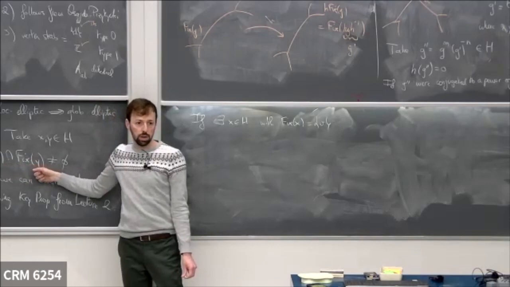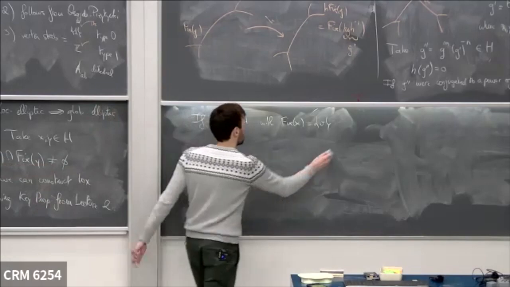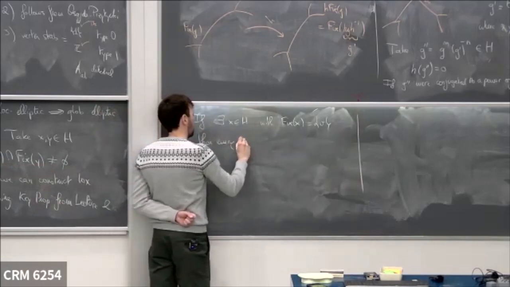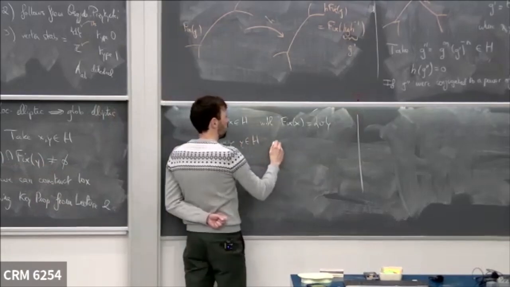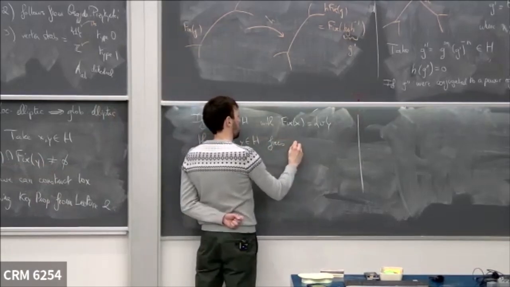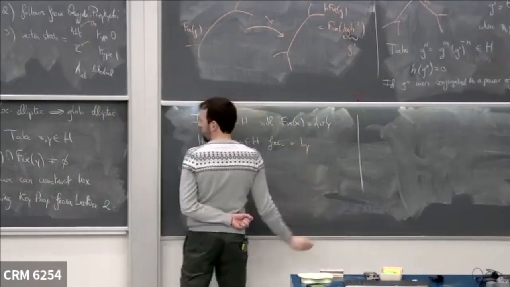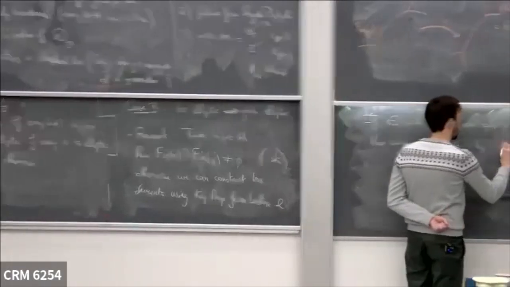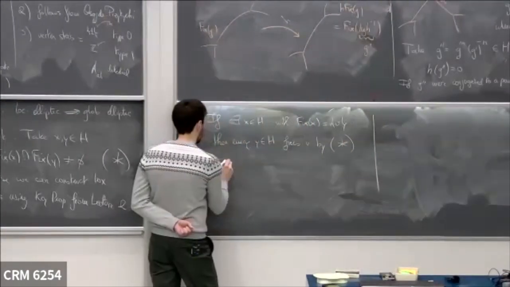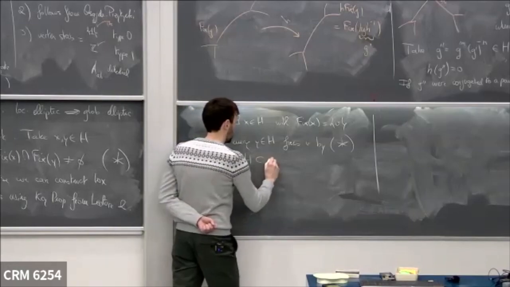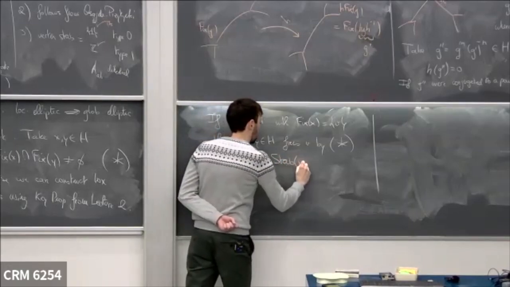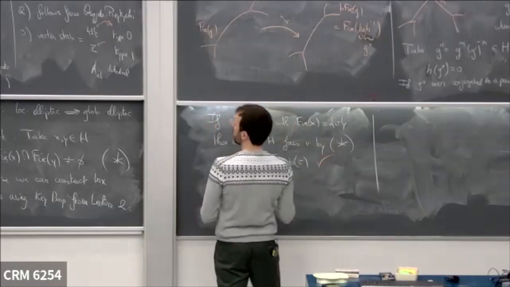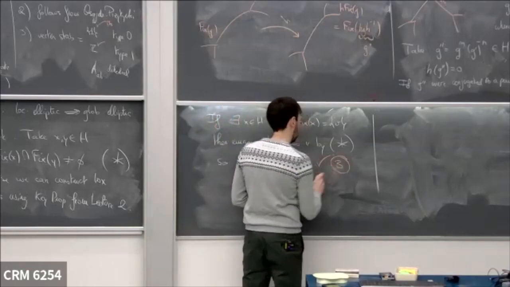So H is contained in the stabilizer of V, which is case 3 in the classification. So we're good.